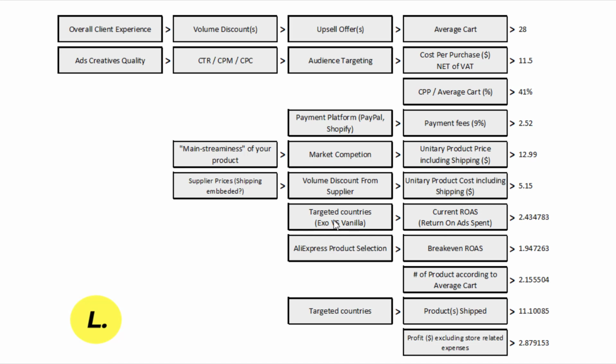But the point I wanted to make is, if you are targeting what I call vanilla countries, top tier countries like US, Canada, New Zealand, Australia, don't expect crazy ROAS. Most of the time you'll tend to be at 2, 3, maybe 1 if you're unlucky.